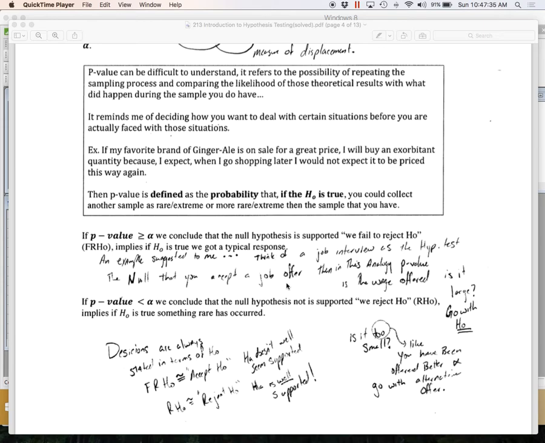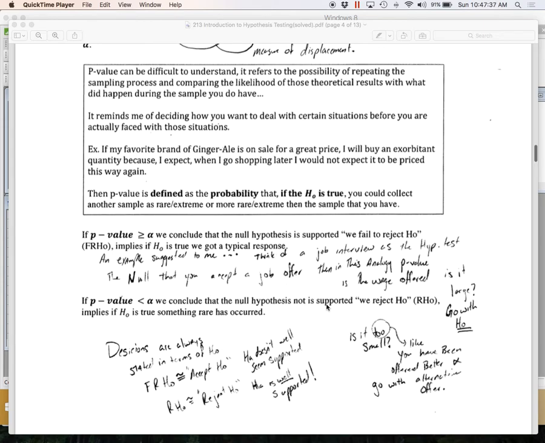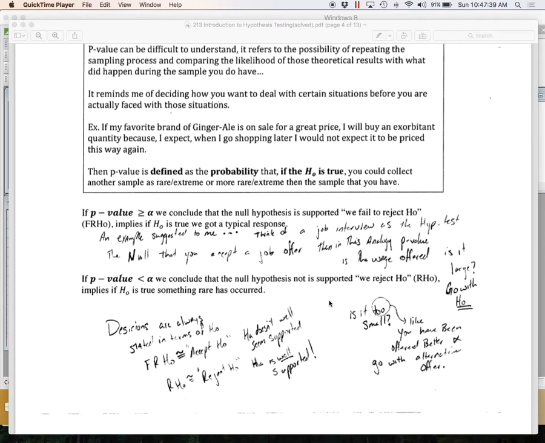However, if the p-value, if the pay is small, so you interview for this great job and everything seems wonderful, and then they tell you that they're going to pay you minimum wage, then if you've seen that there are people that are getting paid more for that job, you'd say that the p-value is too small, that pay is too small, and I am not going to accept your job offer.